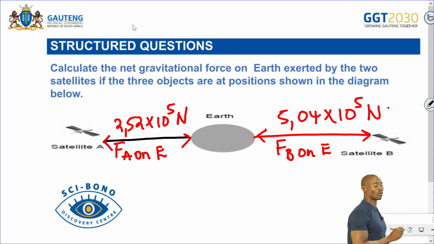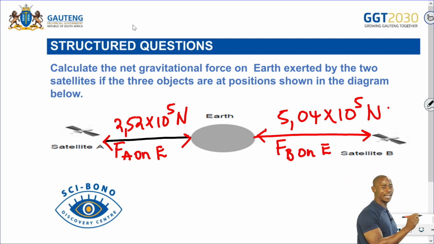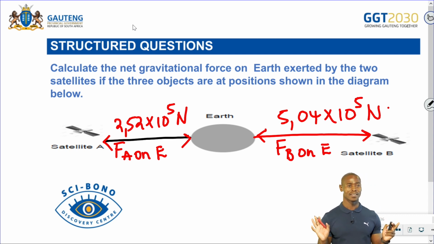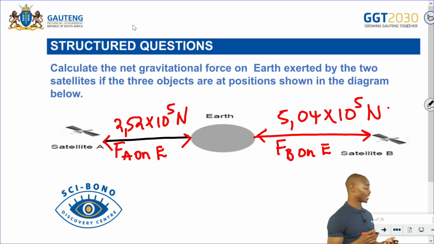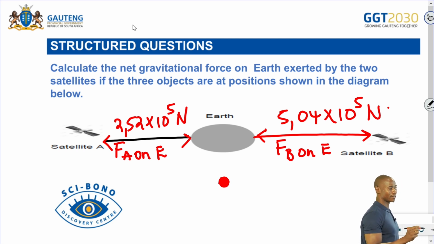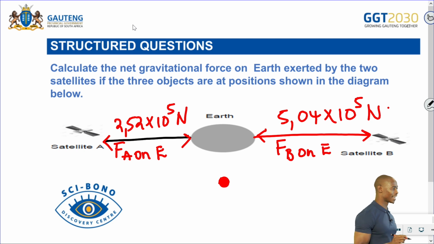Each particle in the universe attracts every other particle, so we can draw a free body diagram here indicating only the gravitational forces exerted by these two satellites on planet Earth. So this is going to be planet Earth.